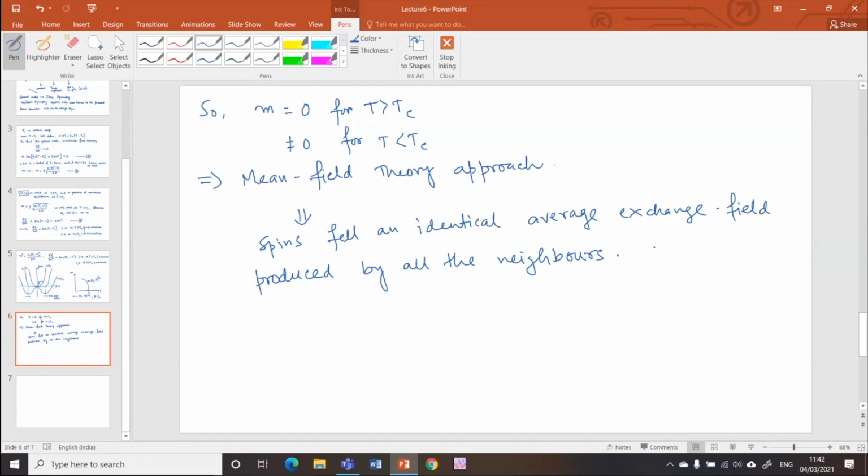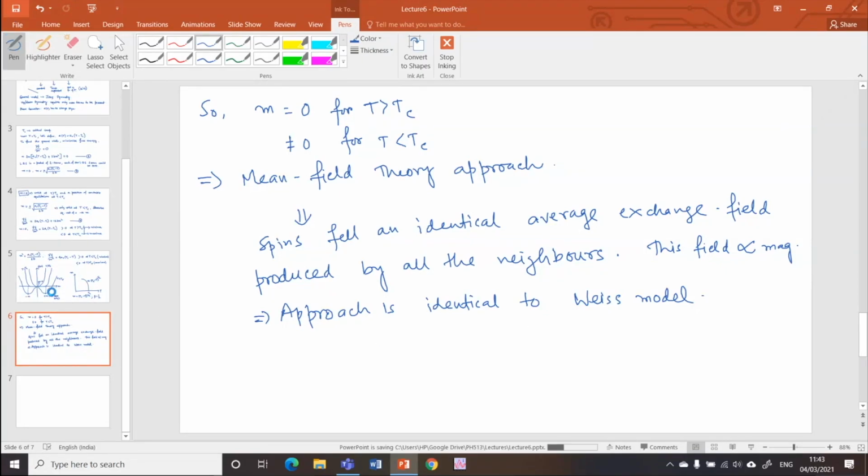This field is proportional to our magnetization. So this approach is also identical to the Weiss model.